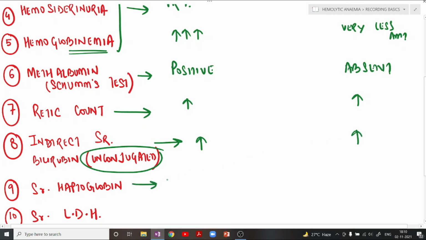Now serum haptoglobin levels are going to decrease in both conditions, but the decrease will be far more in case of IVH as compared to EVH. And serum LDH levels are going to be raised in any kind of hemolytic anemia. So in both conditions, they are going to be raised. So this is all about IVH, EVH with its important features.